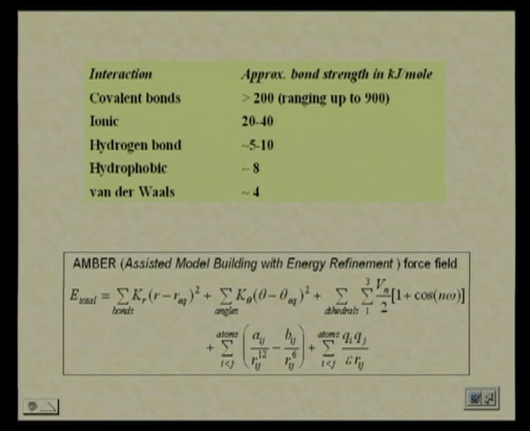Now, what I have listed here is what is called an energetic contribution. Suppose, for example, you were to do a calculation to figure out the total energy of a protein. You would use something called a force field.